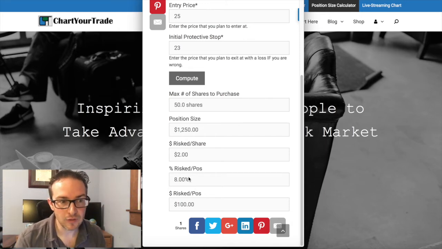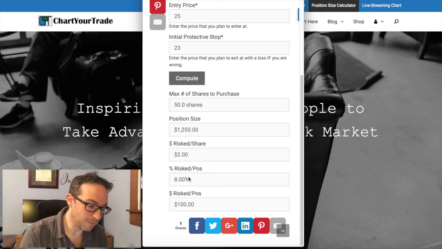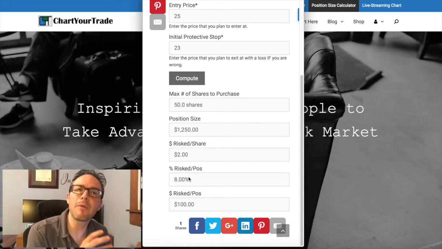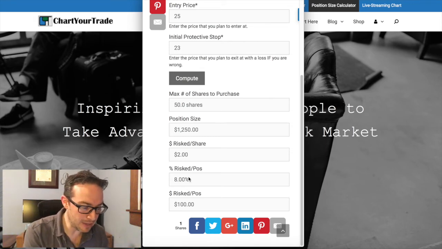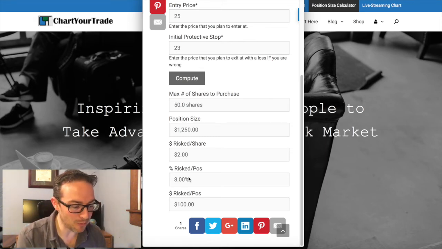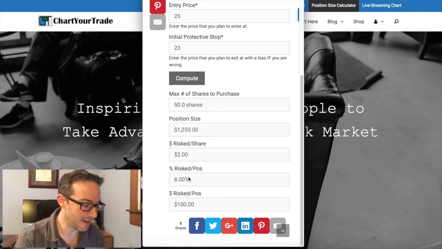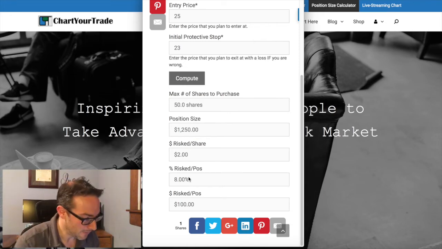So if we determined on this particular trade that our target should be, let's say, $30, we're getting much better reward to risk if our exit point is at 23 versus being at 22 or 21, or it just improves.